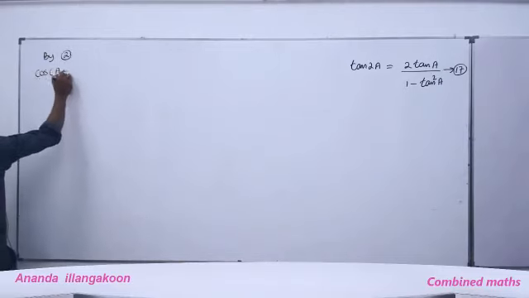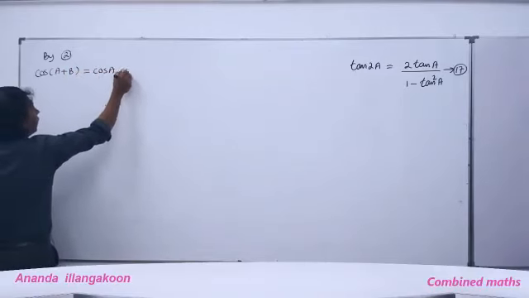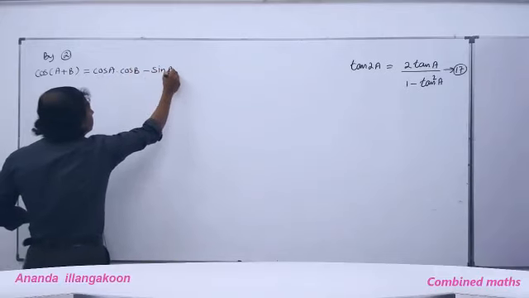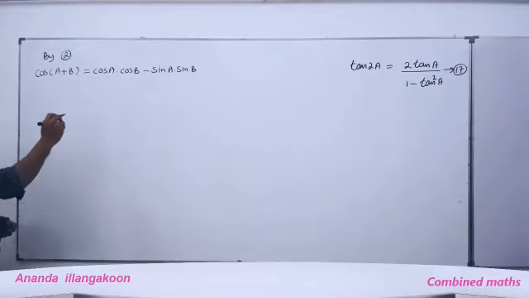Cos A plus B, no? This is cos A cos B minus sin A sin B. Okay, people? Right? Cos A cos B minus sin A sin B.